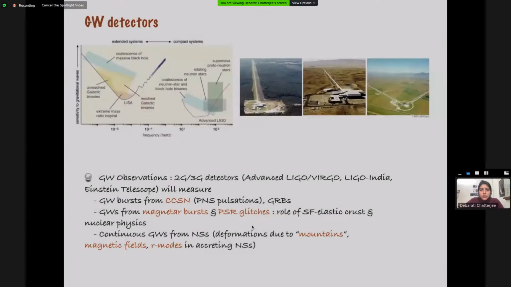Let me play this slide so you can see the slide, right? Yes, ma'am. So here, this is a schematic figure. Now this has been improved a lot more. If you go to the LIGO or LISA web pages, you can see the upgraded version. But to give you an idea, this is the sensitivity curve of gravitational waves at different frequencies.